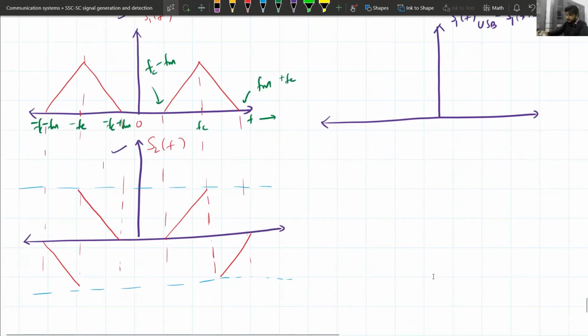In that case, you can observe that the lower sidebands will subtract to 0 and the upper sideband will add up to give the upper sideband suppressed carrier signal.